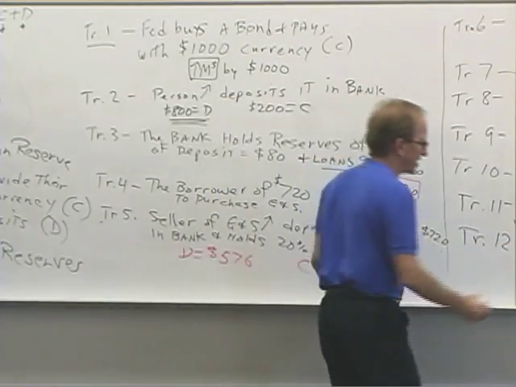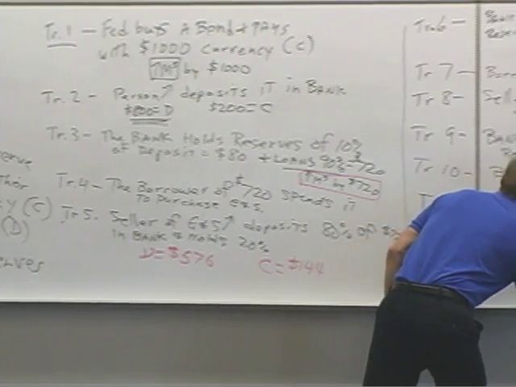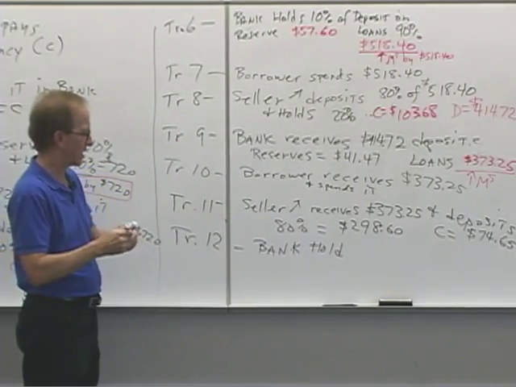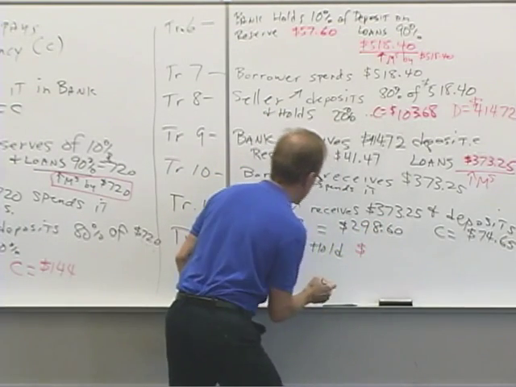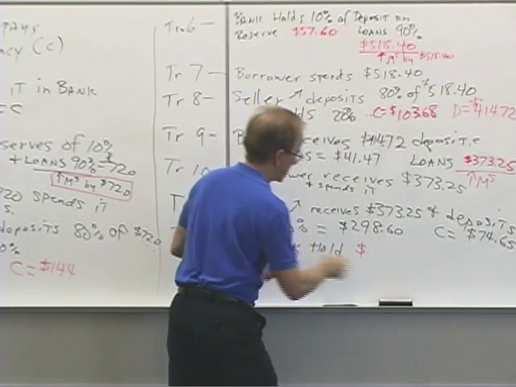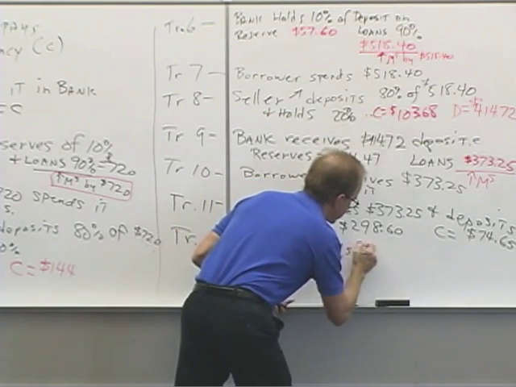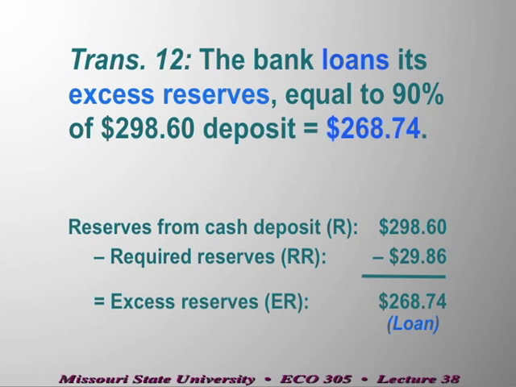It's like transaction 9. The bank holds reserves, how much? 10% of the deposit. That deposit was $298.60, so holds reserves 10% of $298.60, $29.86.